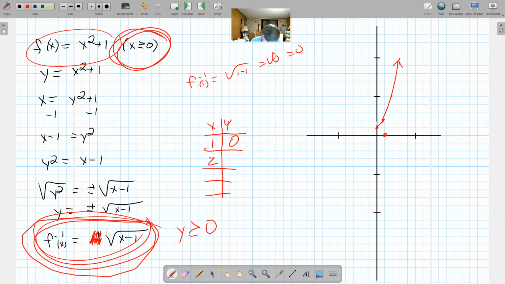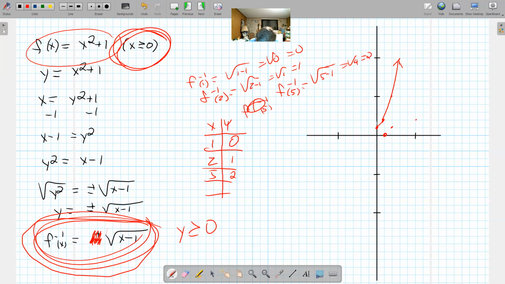How about if x is 2? f inverse of 2 is the square root of 2 minus 1, which is the square root of 1, which is 1. So 2, 1. And how about 5? f inverse of 5 is the square root of 5 minus 1, which is the square root of 4, which is 2.